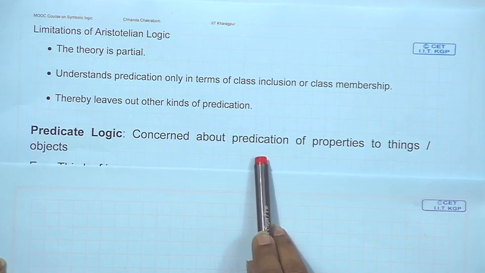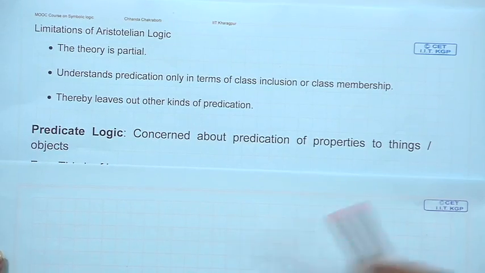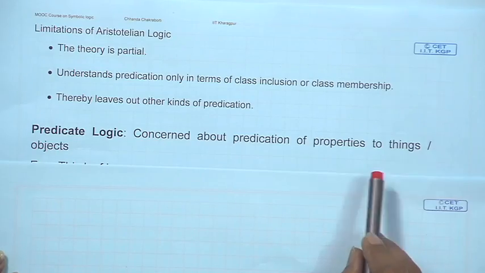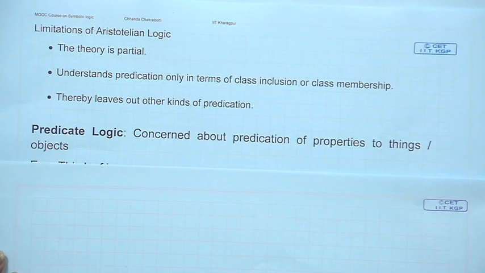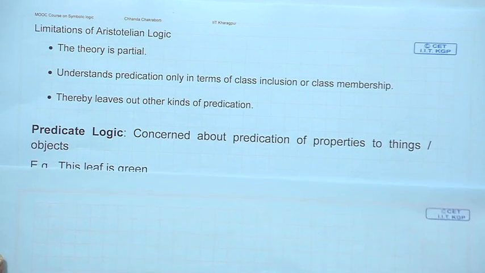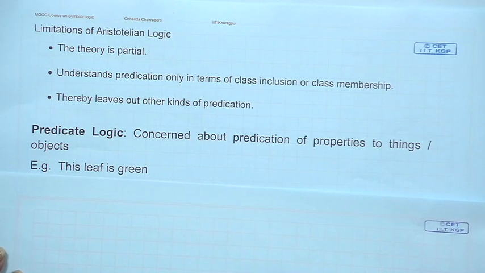Whenever I use this word, it means ascribing a property to some things or objects. So, you are assigning properties to objects and things, and this is exactly what categorical logic did, except that it treated the properties also as a class, and the things and objects also as a class, which is not going to happen in this kind of predicate logic.